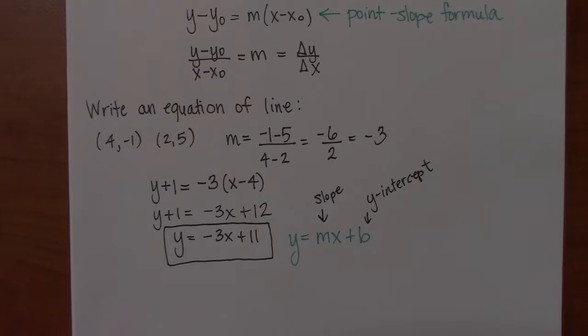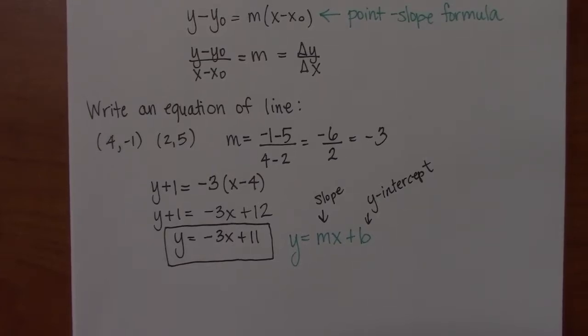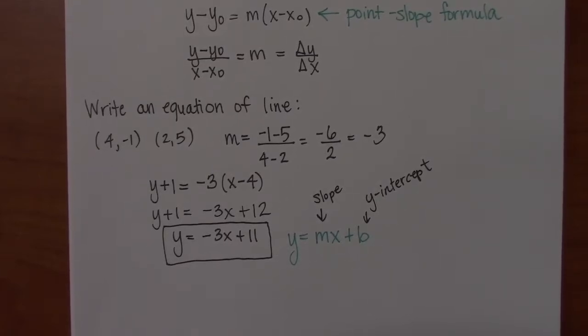So in the same way that we said we really like to write circles in standard form because you can easily see the center and the radius, we typically like to write lines in this form because I can see the slope and I can see the intercept, and it's very easy for me to plot. So you'll always know an immediate point on the line, 0, b, that's where it crosses the y-axis. And then if you know the slope, you can use rise over run if you're graphing and plot from there.